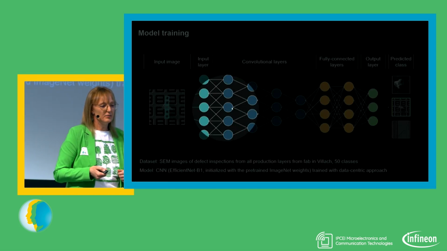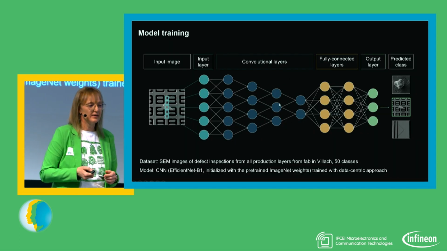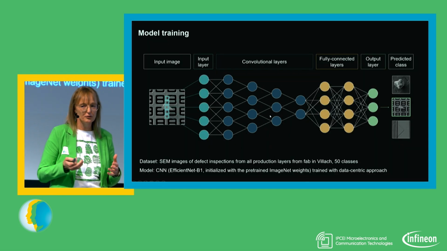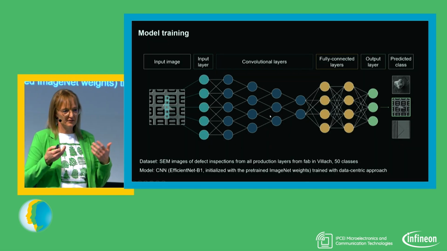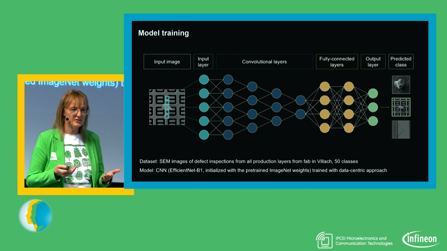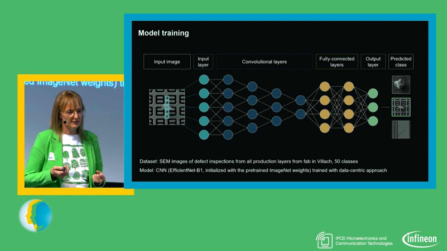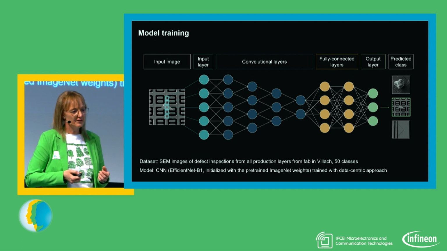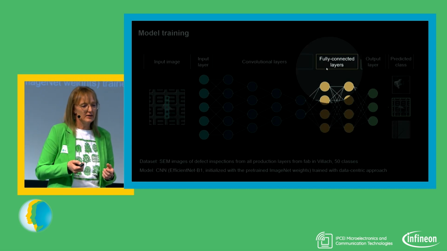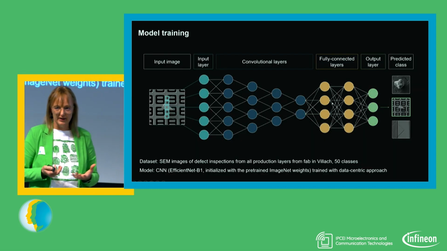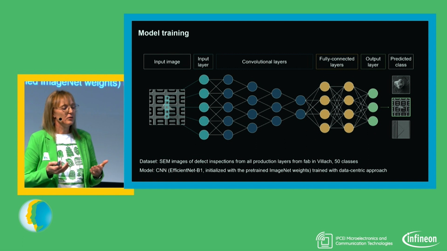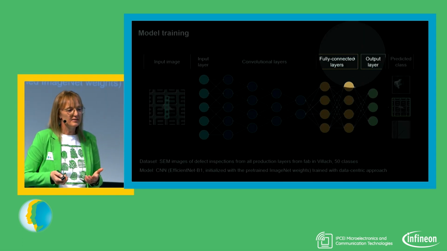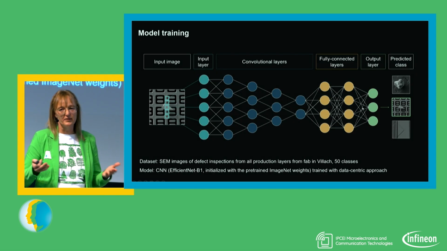You feed an image through the network, and in the first series of convolutional layers, filters are applied to the image to extract features. These features are then combined and processed in the fully connected layer, which in the end classifies each image into one of the given categories.